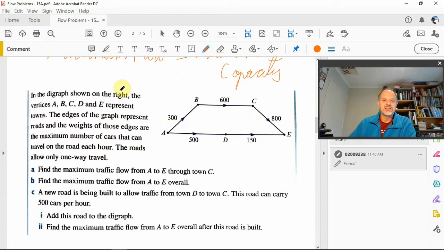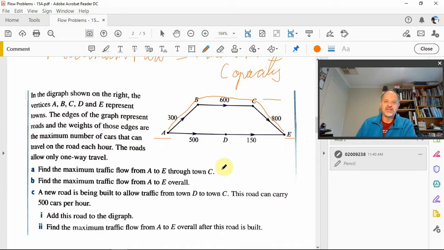Part A says find the maximum flow from A to E. So we're going from A to E through town C. The only way we can actually do that is by going around like so.